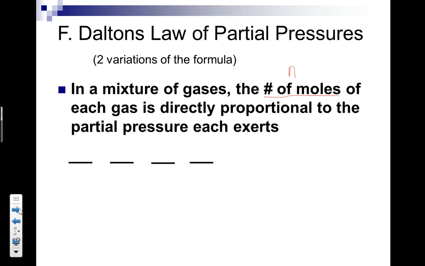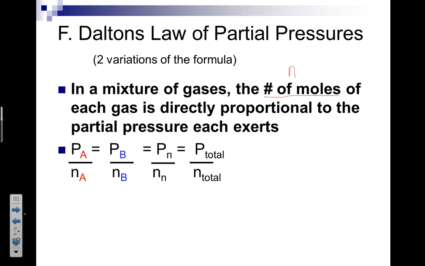Thinking back to the animation we just looked at, the moles is directly proportional to the partial pressure of each gas within the same container. That would mean they have the same volume and the same temperature. The only thing that would vary would be their pressure to their moles. That would maybe be different, but there is a direct relationship between them.